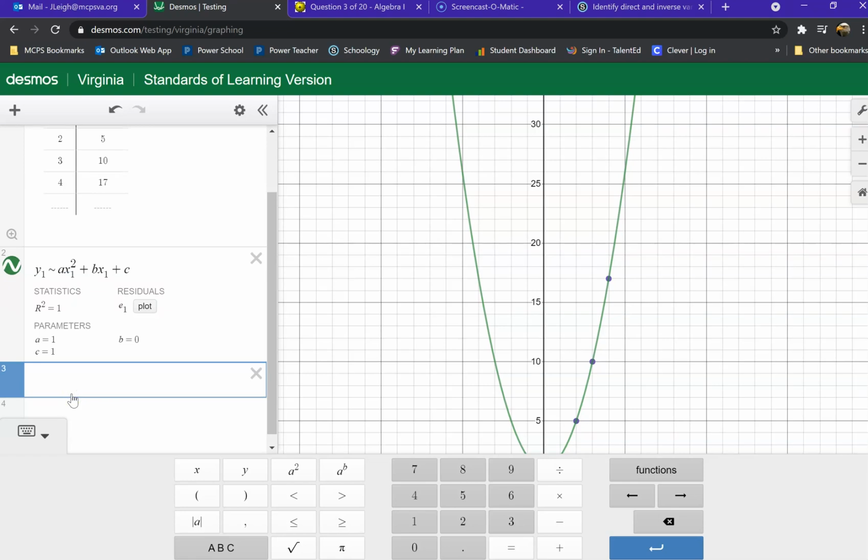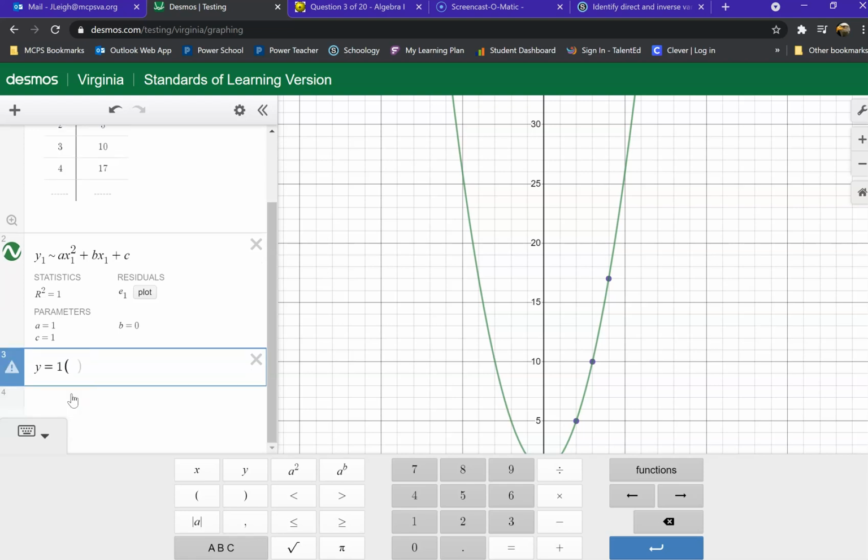Now we're going to take this same formula and change it just a teeny bit. Instead of saying y1, we're going to say y equals, and then our a is 1, and then our x squared, we're trying to find out when x is 5.